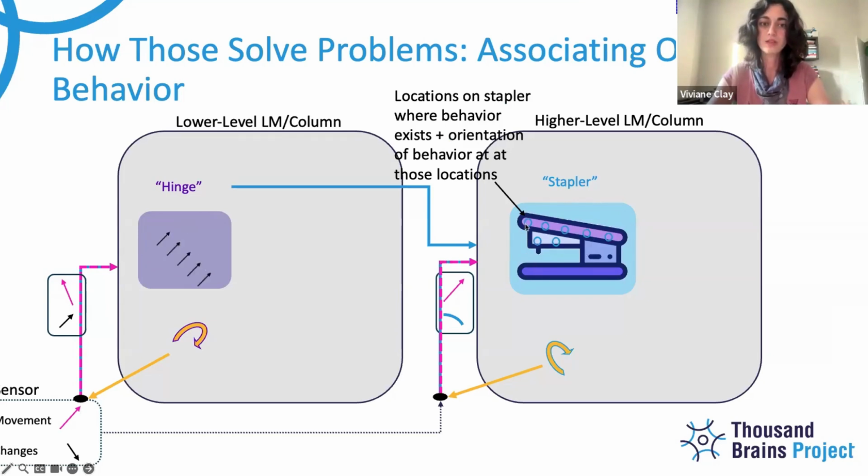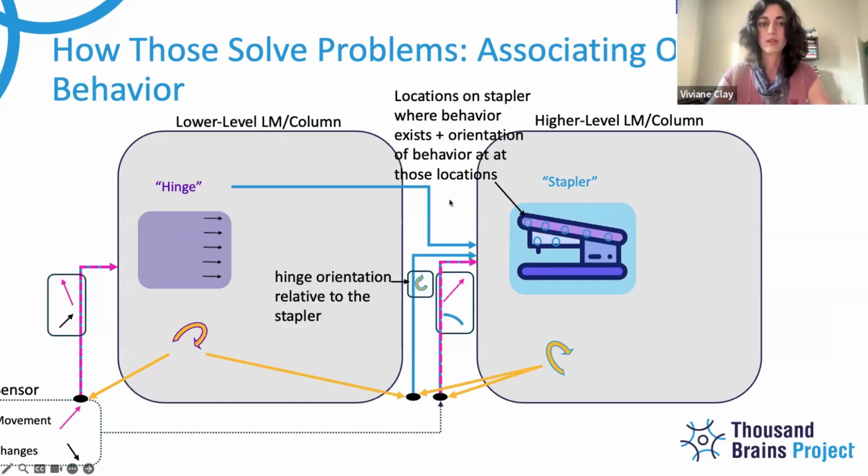So each of these locations on the stapler could be associated with this particular behavior as a feature at that location, plus the orientation of the behavior relative to the stapler, using exactly the same mechanism that we would use if this was a child object. It's just a child behavior. It's again a feature at locations and relative orientations at those locations.